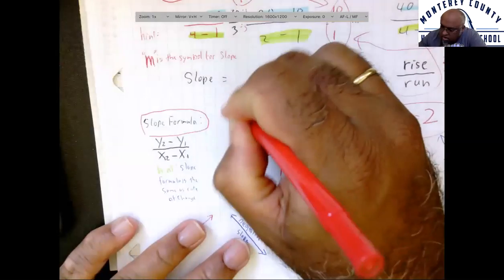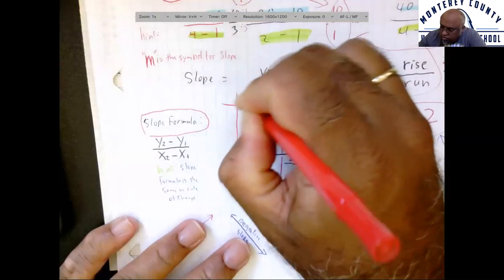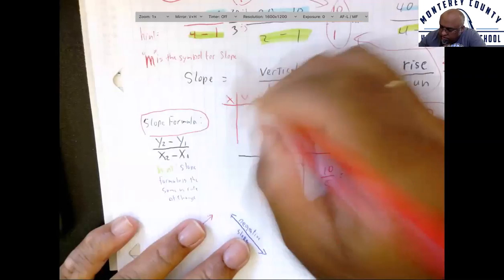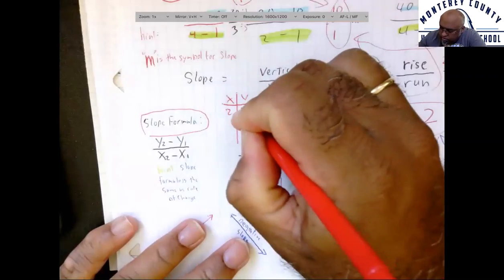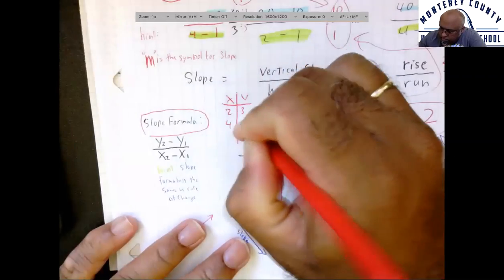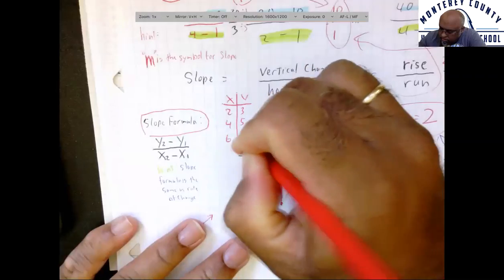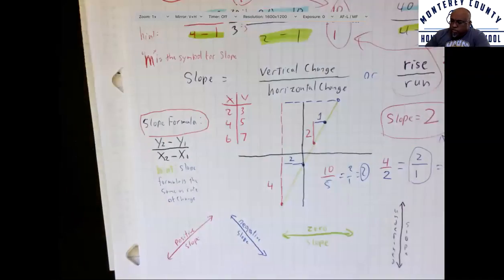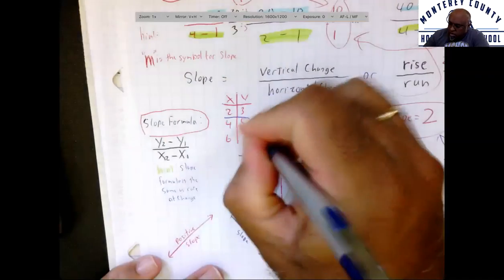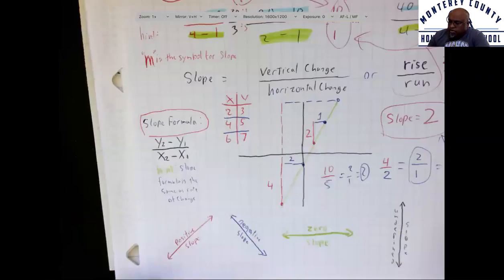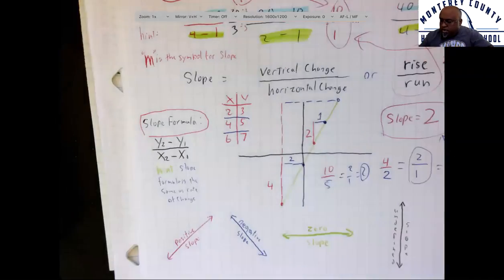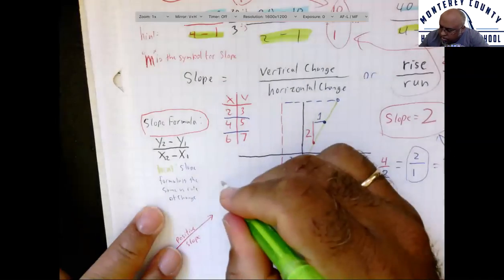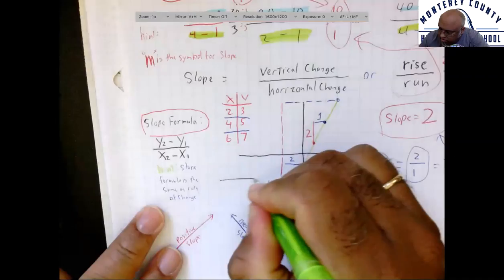Okay? Now, I'm going to go ahead and just write a table of values here. Okay. Now, I just want to show you how the slope formula works. Okay? So the first thing I'm going to do is write a slope formula line.